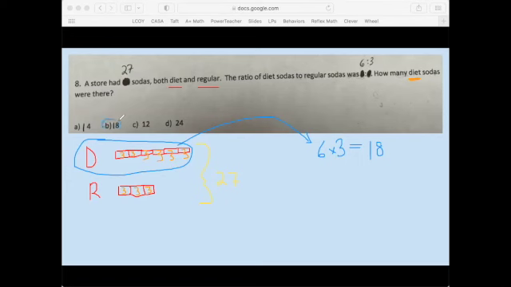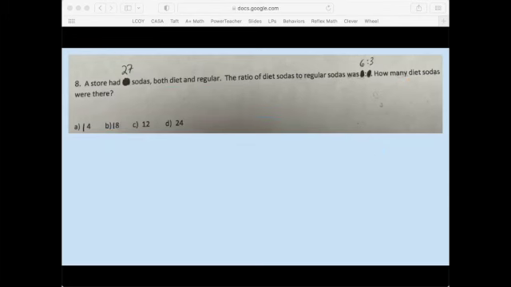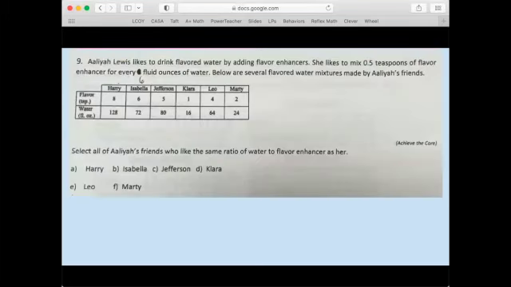Okay? Let's go ahead and move on to number 9. So, number 9, let me change the color. Number 9 says Aaliyah Lewis likes to drink flavored water by adding flavor enhancers. It's like when you put the powder in your water bottle or whatever.